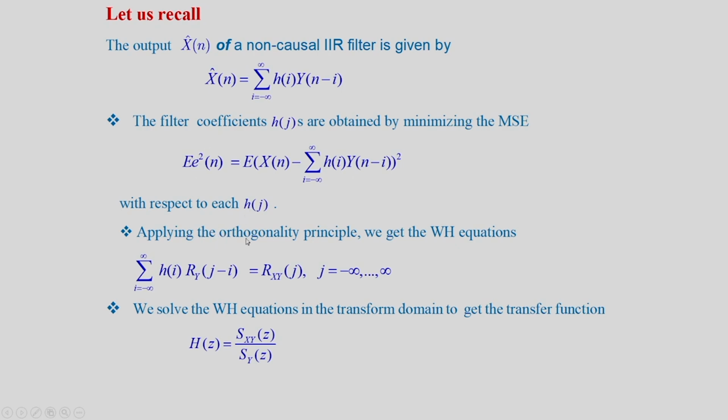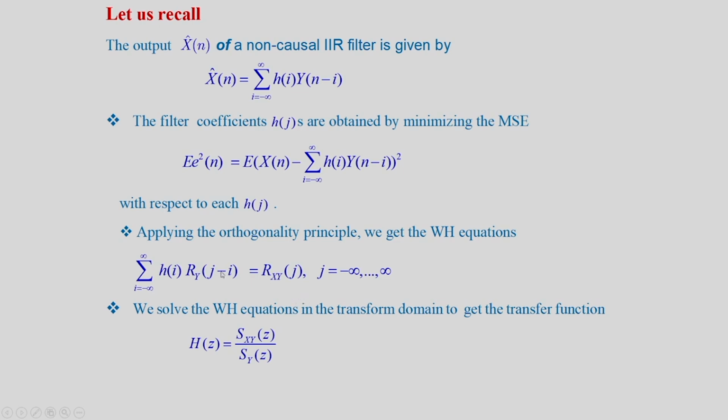Now, after applying the orthogonality principle, we got the WH equations, that is Wiener-Hopf equations, which are given by this relationship: summation h_i into r_y(j minus i), i going from minus infinity to infinity, is equal to r_xy(j) for j going from minus infinity to infinity. So, this is an infinite set of equations and these equations can be solved in the transform domain.